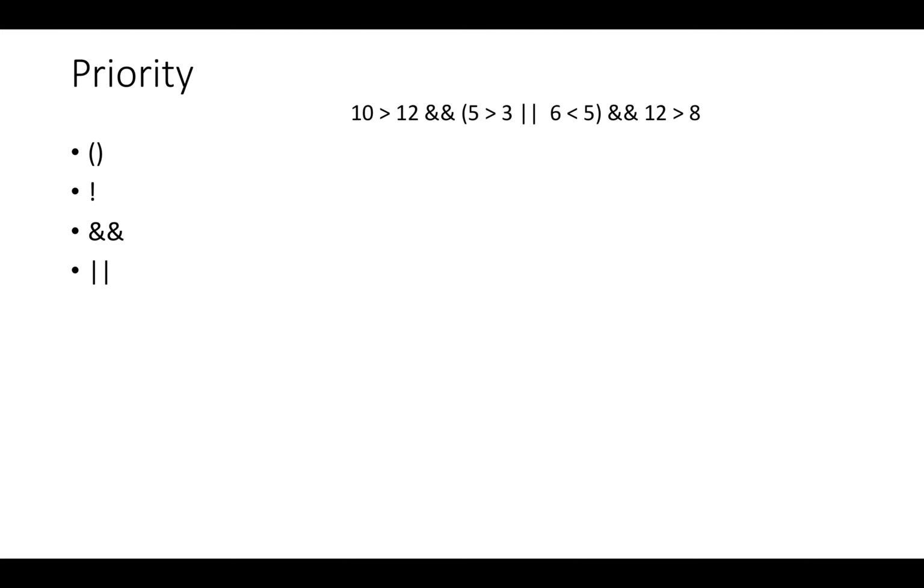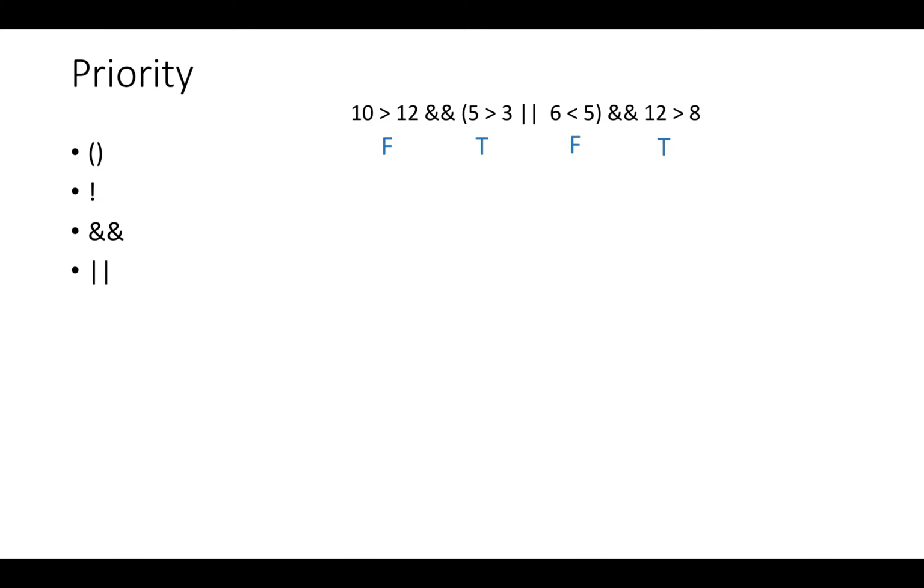Here you have parentheses. So whenever you wanna change the hierarchy, so if you see in this one, if we didn't have the parentheses, we would solve the and before the or. But if you want to change the hierarchy, you use parentheses like in this example. The or will be solved first.